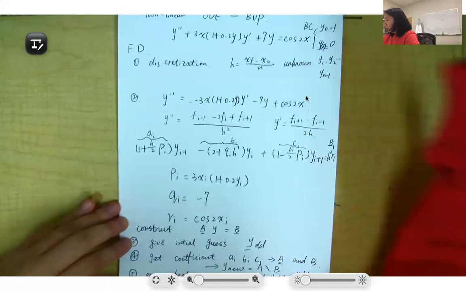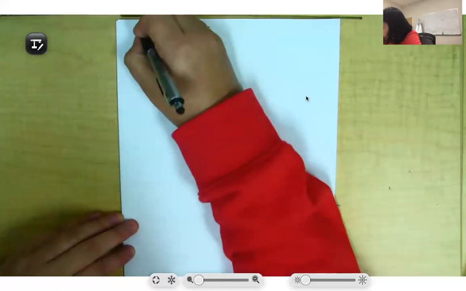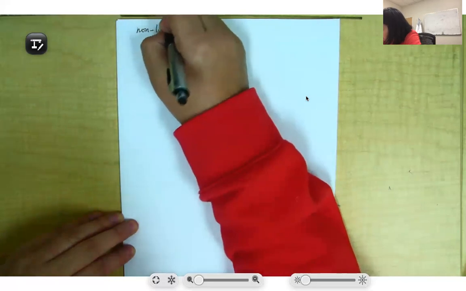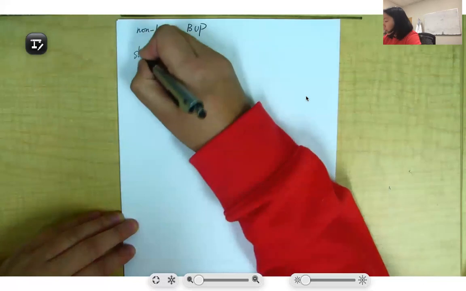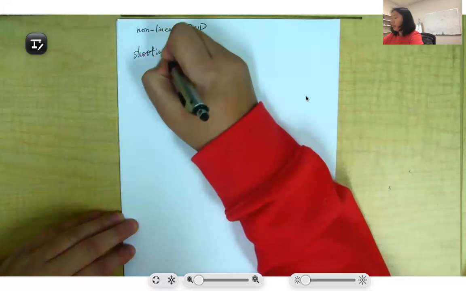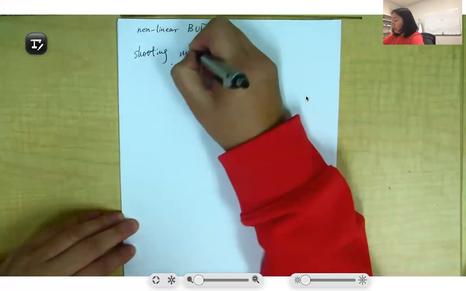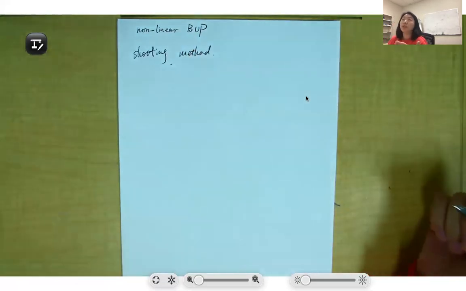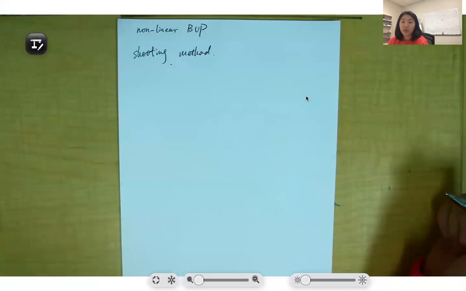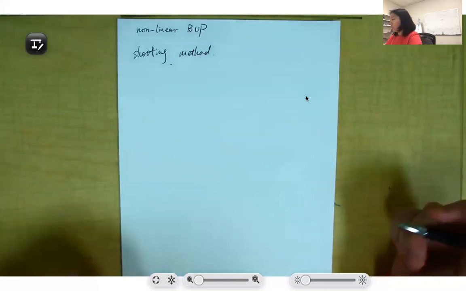Well, for the shooting method for the nonlinear BVP, it's the same methodology. You use the iteration method. You guess the initial conditions until the initial conditions meet the boundary conditions.